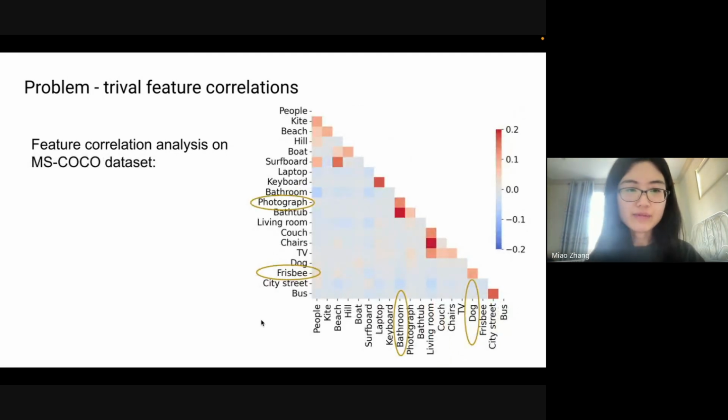Yeah, a similar correlation analysis on the COCO dataset on objects. I also marked some examples like photograph and bathroom and bathtub, also frisbee and dog. So there is a very long list of correlations there.